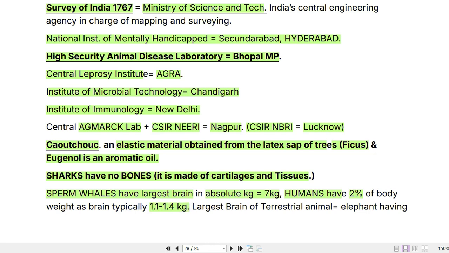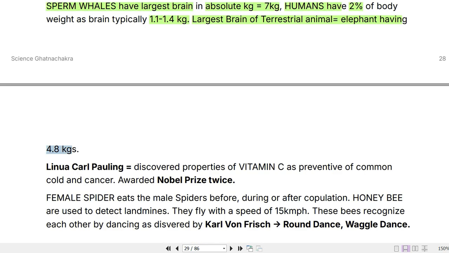The largest brain of a terrestrial animal is the elephant's, which is about 4.8 kgs. Now we are excluding sperm whale here, because if we include it, then the sperm whale's would be the largest and heaviest brain, that is around 7 kgs, right?